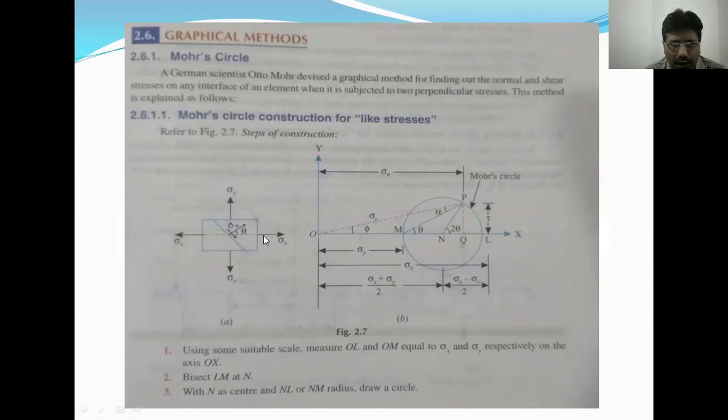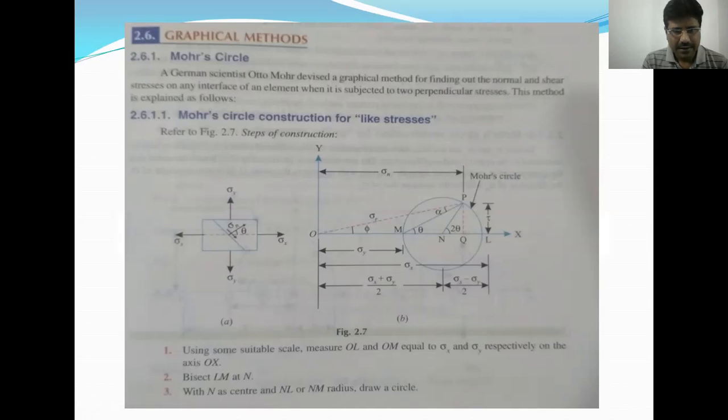In all we have sigma x, sigma x, sigma y, sigma y. Sigma x and sigma x will be equal and opposite, and similarly sigma y will also be equal and opposite, thus balancing each other, and the body will be in equilibrium. The whole body will be under strain because we are pulling the body in this direction and also in the vertical direction.